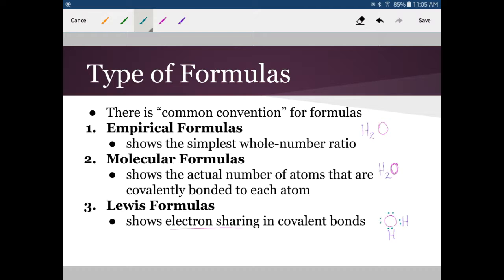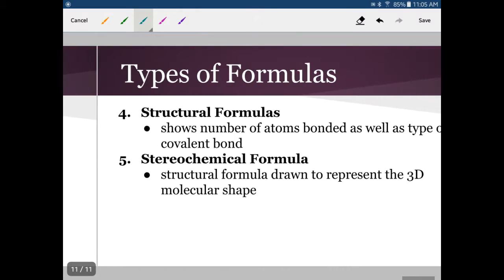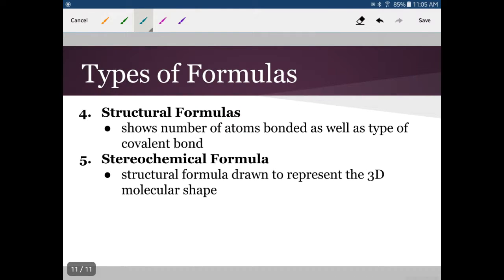Now I can continue to take a look at my example with water, and I have a structural formula, and my structural formula shows the number of atoms bonded as well as the type of covalent bond, which means single or double or triple bonds. Now if I draw this out again, I would simply draw this as water, and it has an oxygen and a hydrogen on 2 separate bonds.